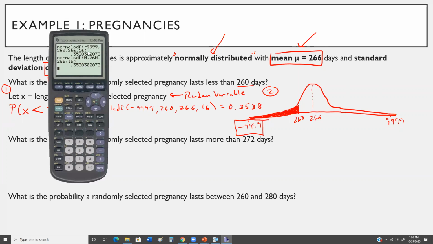You notice you get the same exact number here. Do you see on the calculator? So you just want to pick a number that's so far away from this number here that it's going to capture all the area possible. What I'm telling you guys in this class is always use negative 99999, or you'll see in the next example use positive 99999, just as a way to know how to do this.